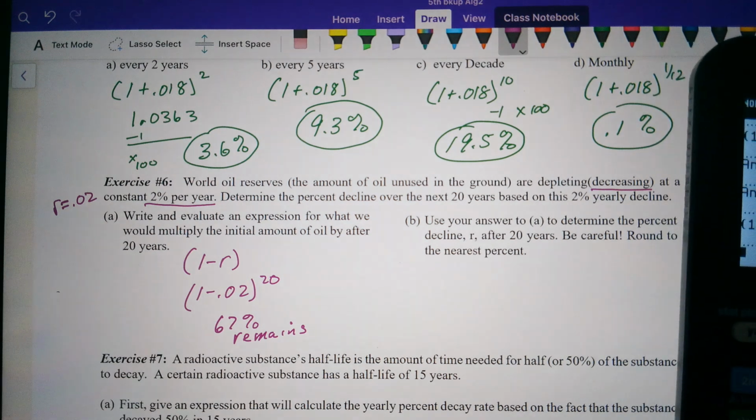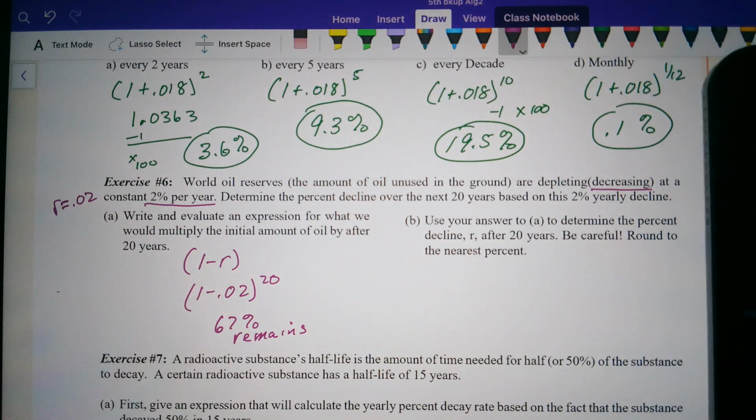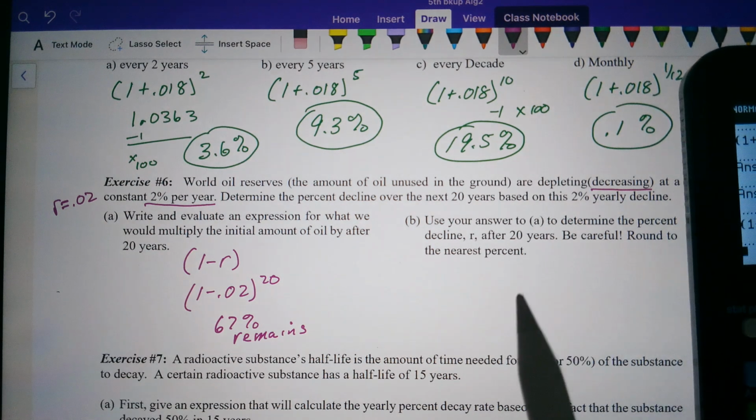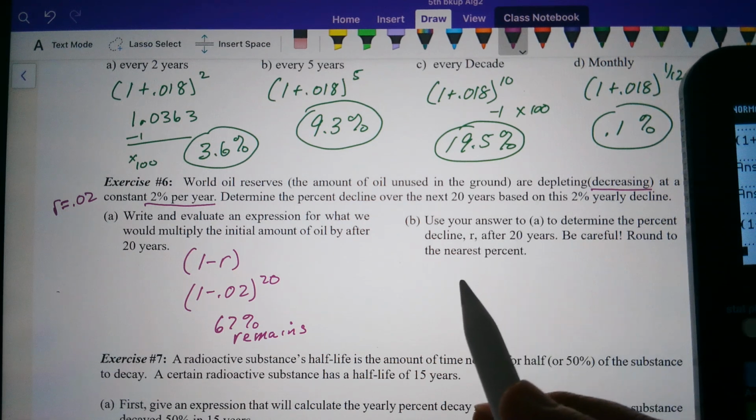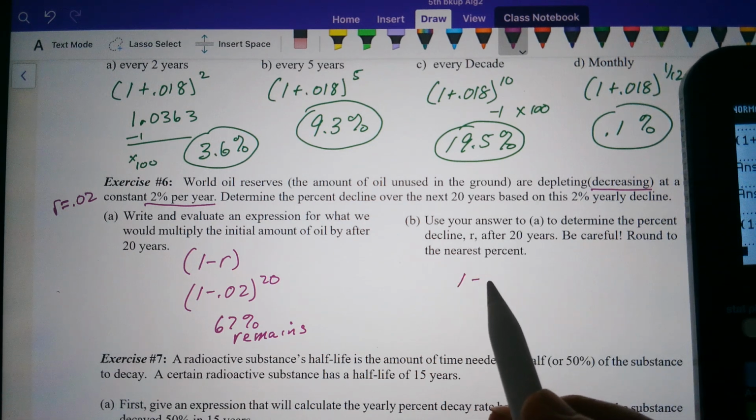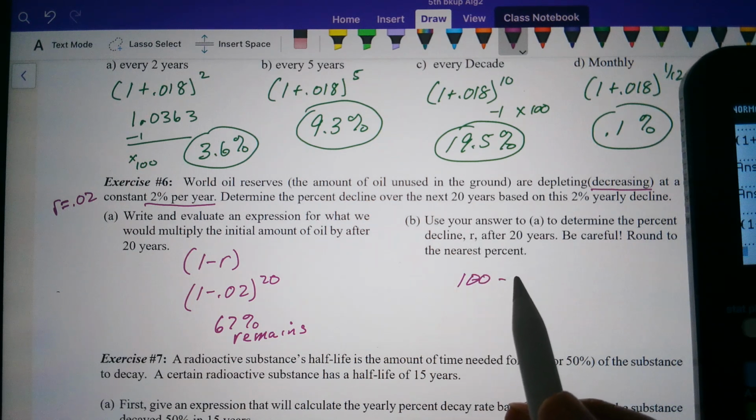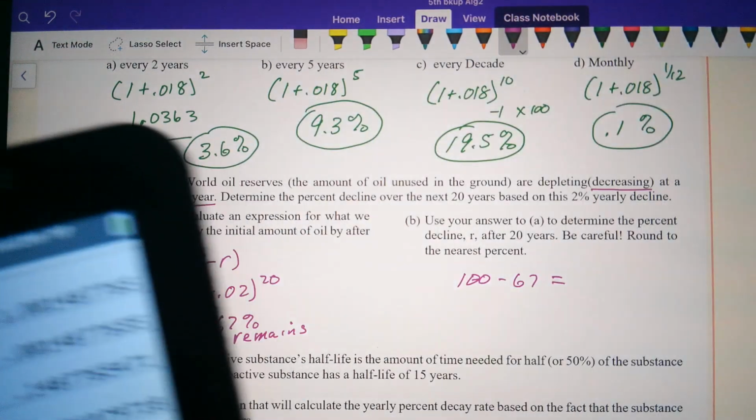Now, use your answer to A to determine the percent decline after 20 years. Let's simply take 100%, since we're in percentages, minus 67, which is going to be 33%.